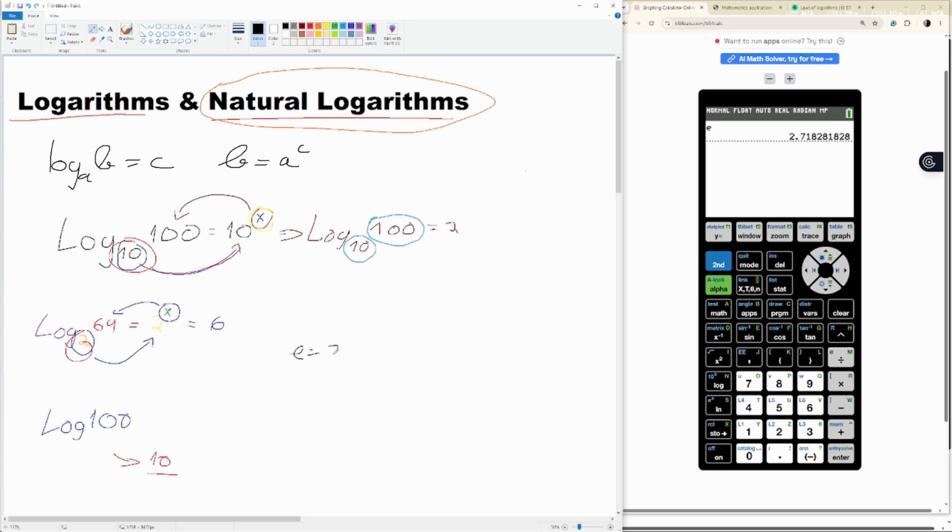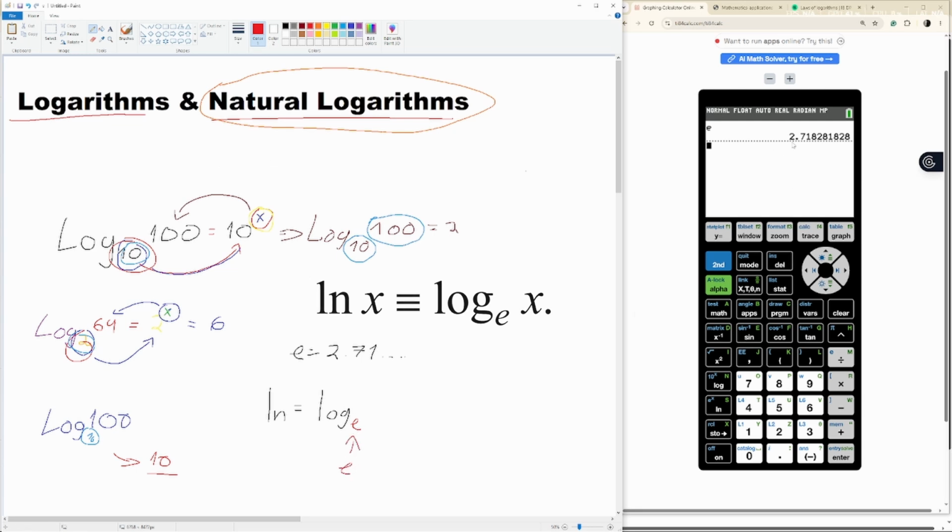And e is roughly worth about 2.71 and so on. And natural logarithm, which you will see like this, is just equal to log with the base e, also known as 2.71.